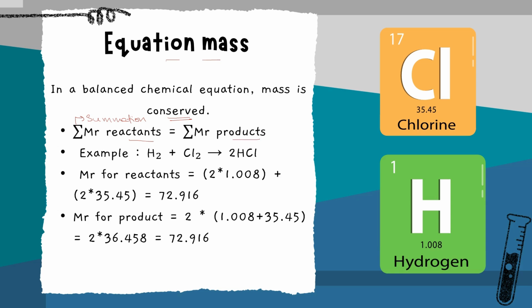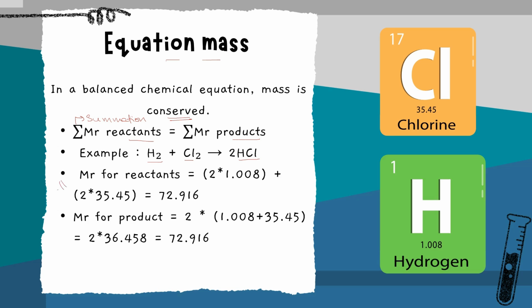For example, hydrogen combines with chlorine to give hydrogen chloride. Here, hydrogen and chlorine are the starting materials, so they are reactants, and hydrogen chloride, which is formed, is the end result, the product.